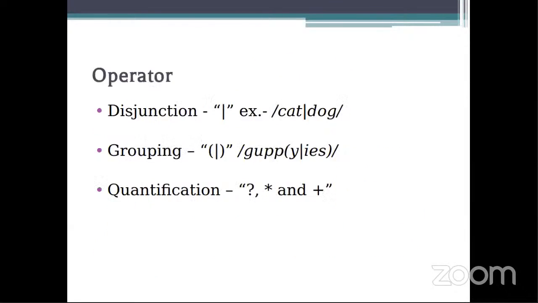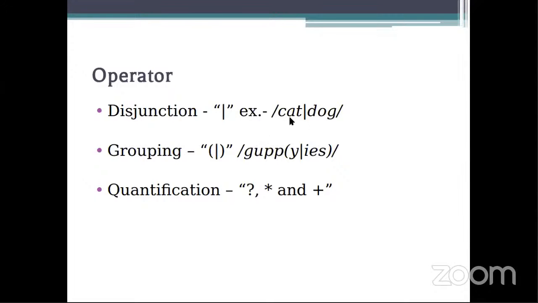Now, in regular expression, we have primarily three operators: disjunction, grouping, and quantification. So what is disjunction? Disjunction is the pipe.